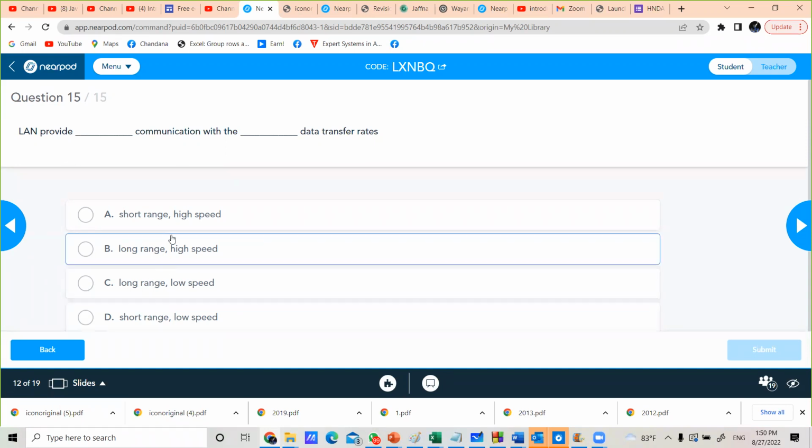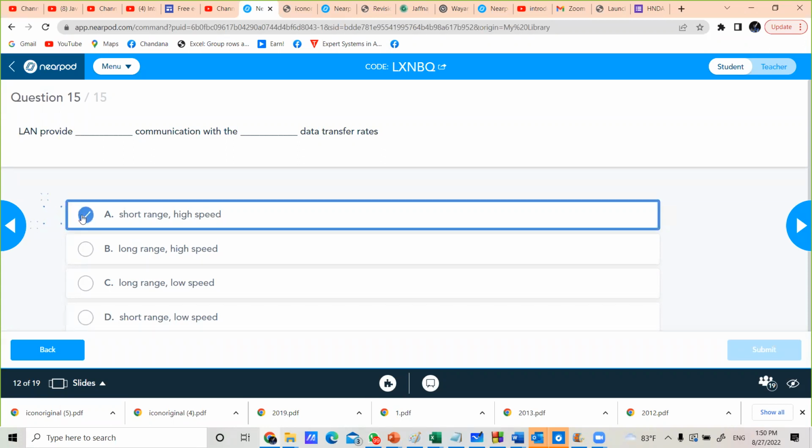Actually, LAN has a short range, therefore the answer should be A or C. Then higher data transfer, high speed. Therefore, short range, high speed, the first answer. These are the answers for this activity.